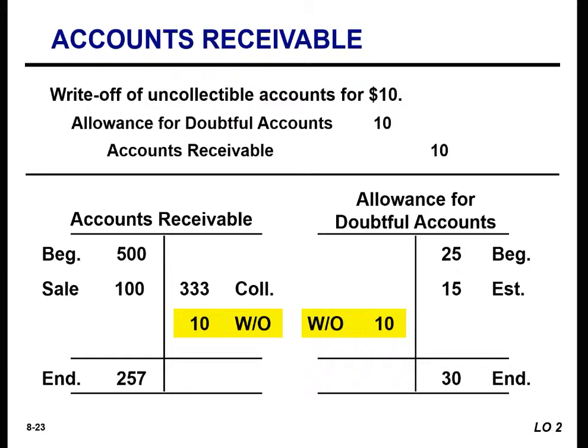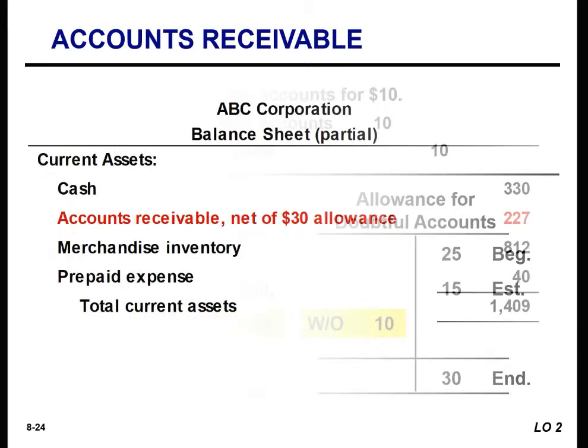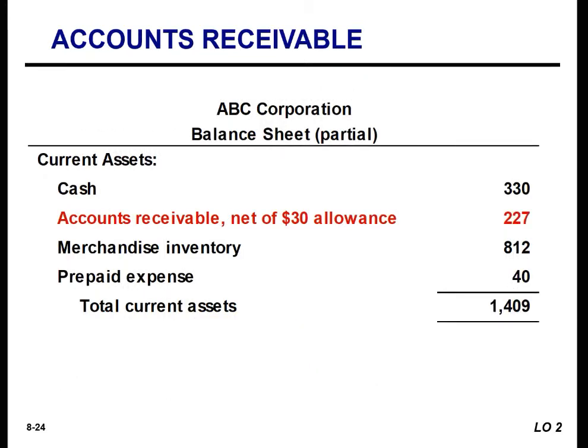Because of that original $40, we've now identified 10 of it. We know customer A is going to not be collectible. After all this has occurred, this is what the balance sheet would look like. Because we would have accounts receivables net of a $30 allowance of $227.